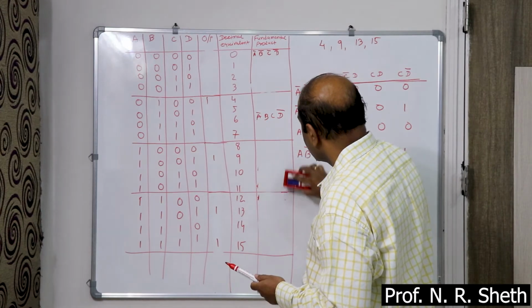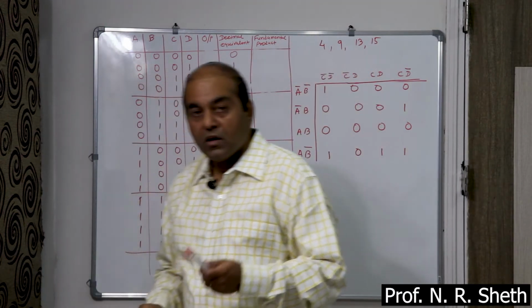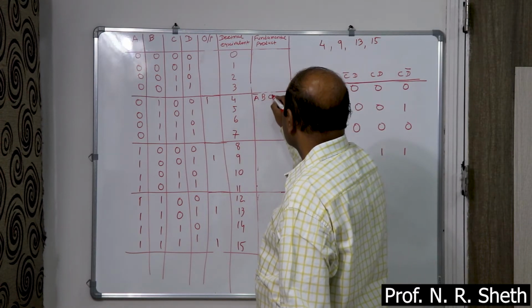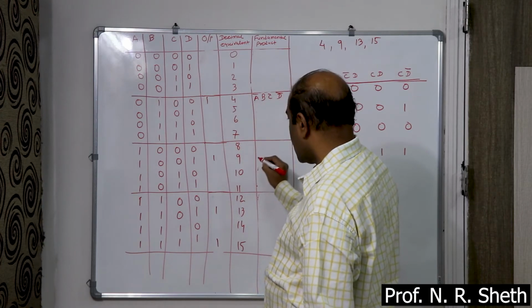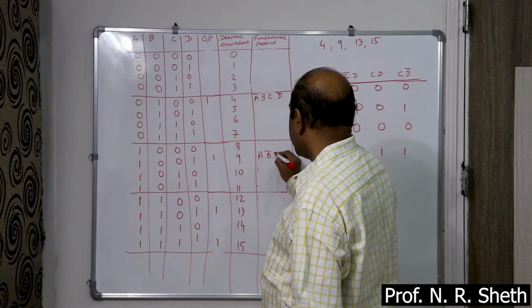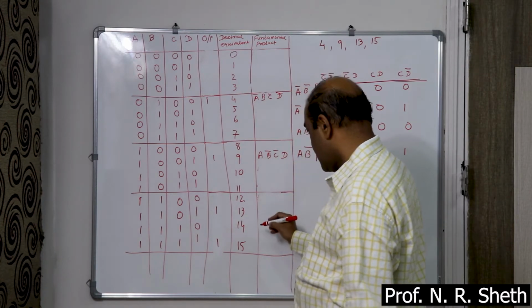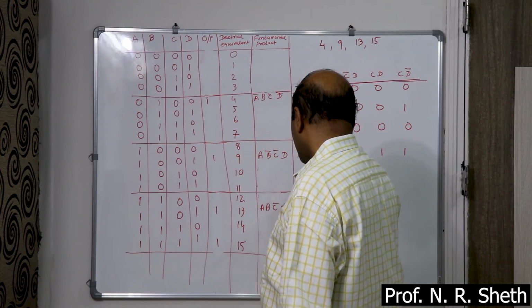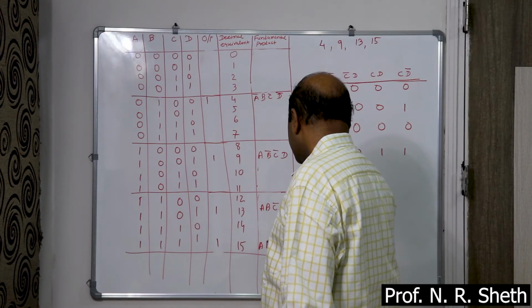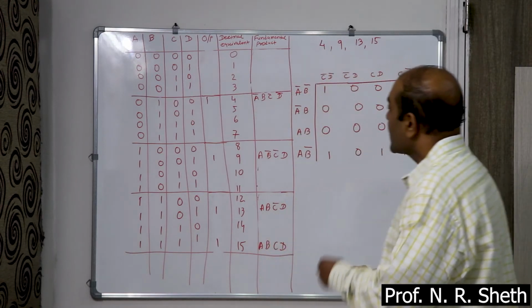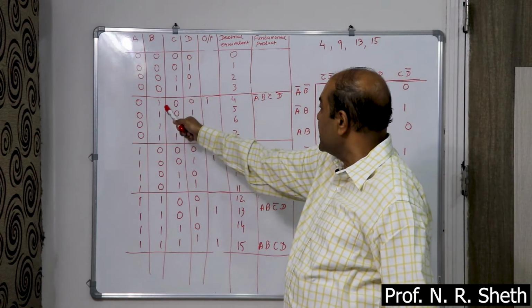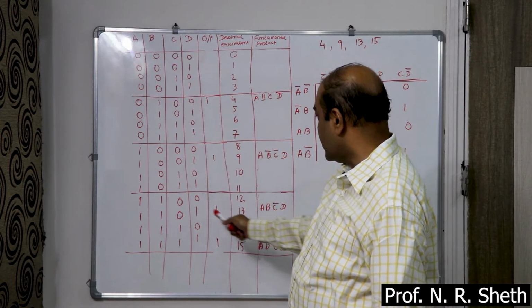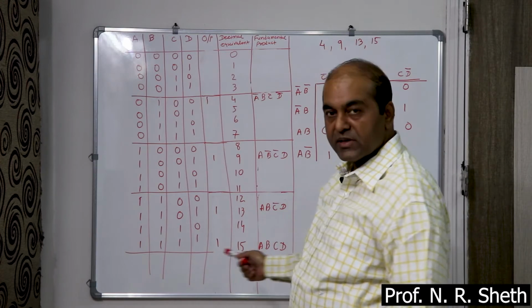Fundamental product: 4, A bar, B, C bar, D bar. 9, A, B bar, C bar, D. 13, A, B, C bar, D. And 15, A, B, C, D.